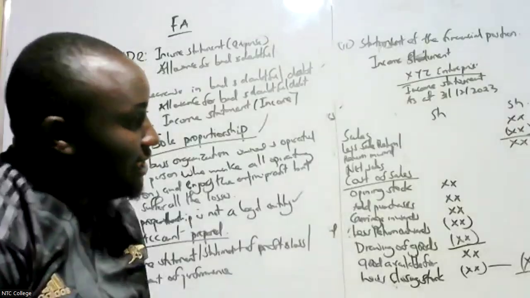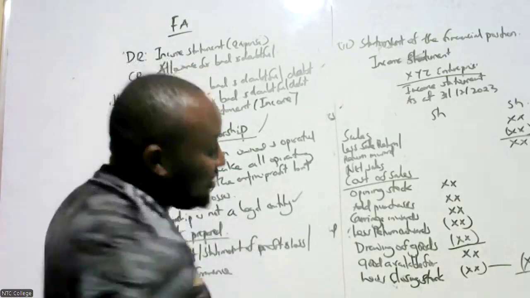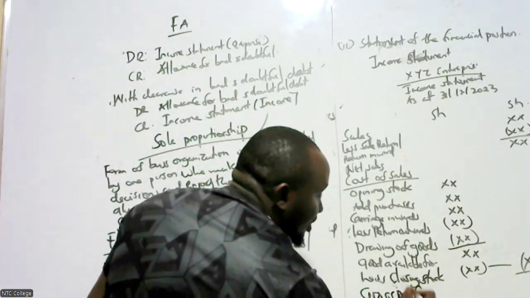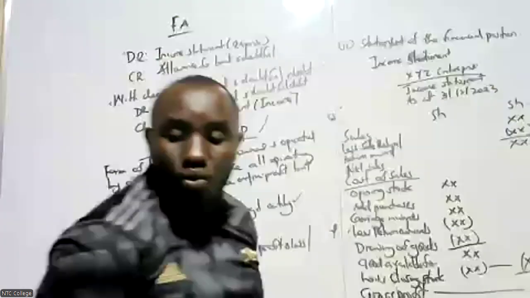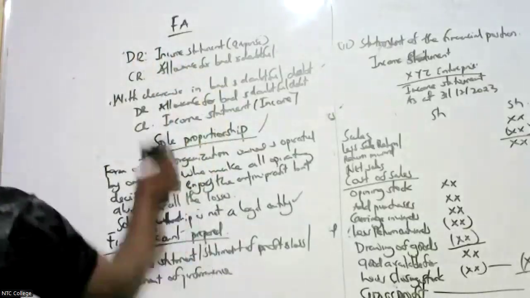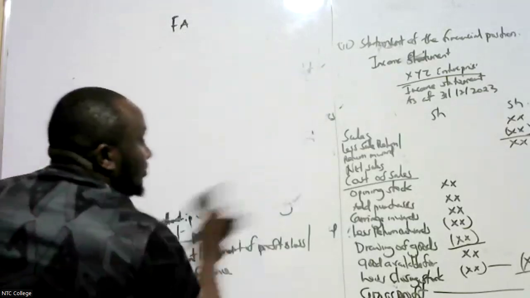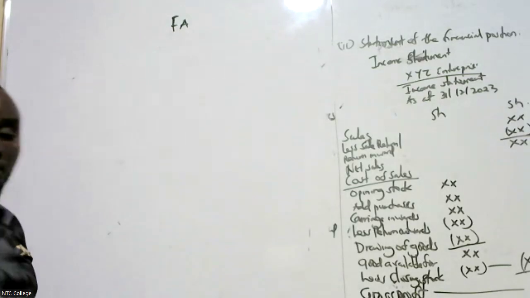We have the GP, what you call the gross profit. Gross profit, we have the figure. I hope you are able to see that in the notes.